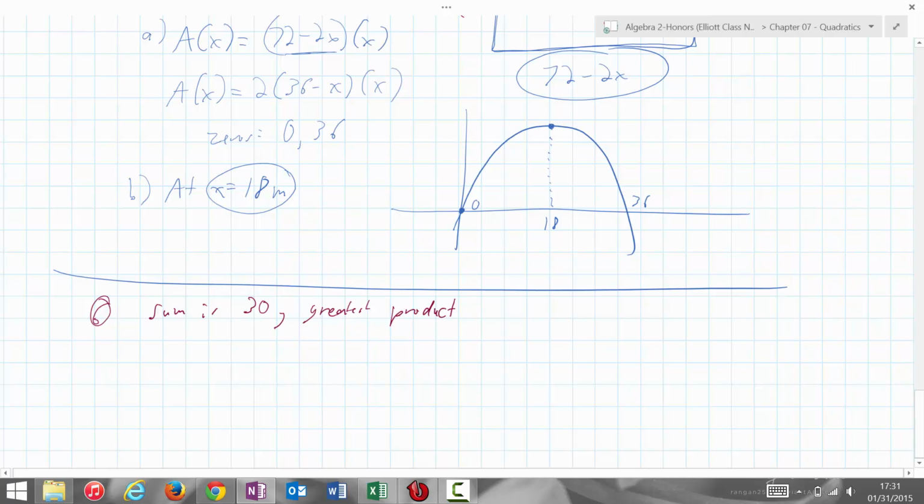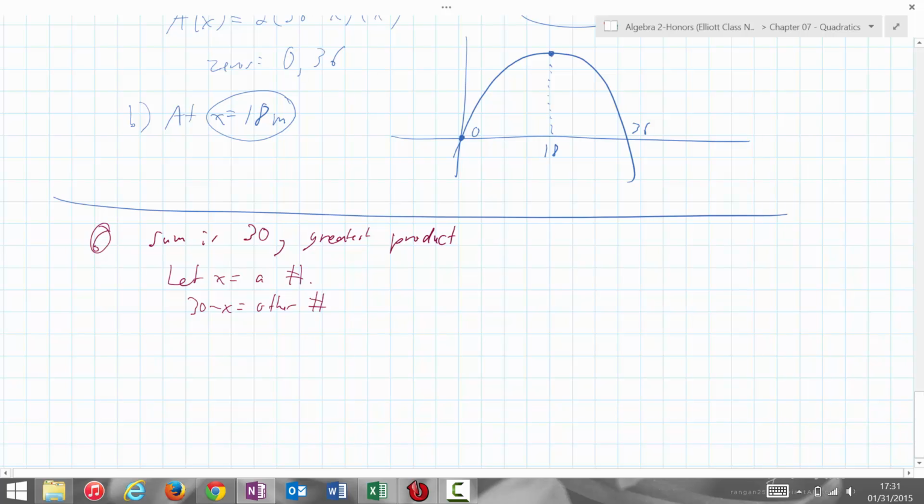So this should be a one variable question. We're going to say let x equal a number, and then if the sum is 30, 30 minus x equals the other number. And so I know that the product, p of x, is equal to x times 30 minus x. That's what a product of two things is.